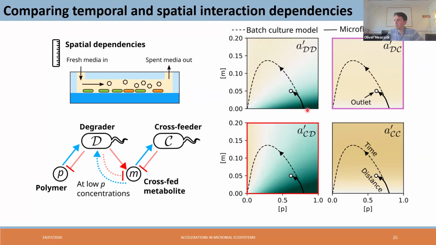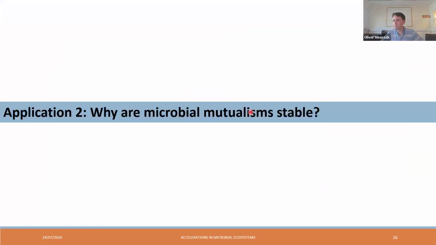And there's a nice mathematical correspondence which you can use to show that in both these batch culture systems and these spatially dependent systems, you can use exactly the same mathematical machinery in order to describe the context dependencies in this system. I won't go into detail. If you're interested, read the paper, but it's just quite a cool mathematical symmetry there.